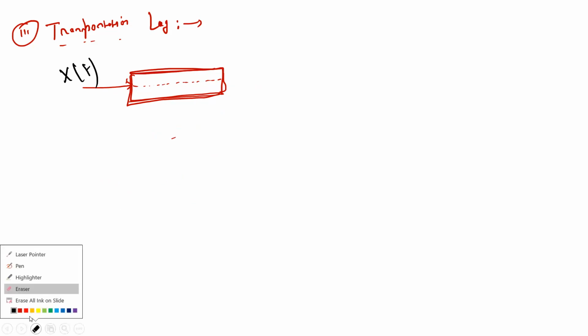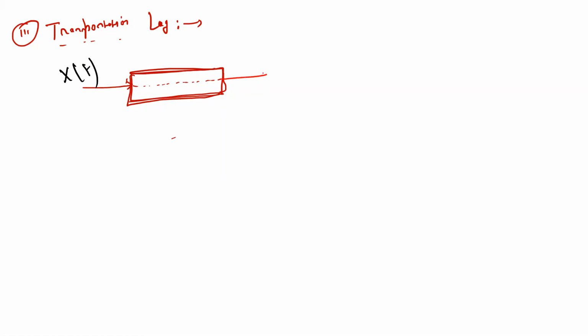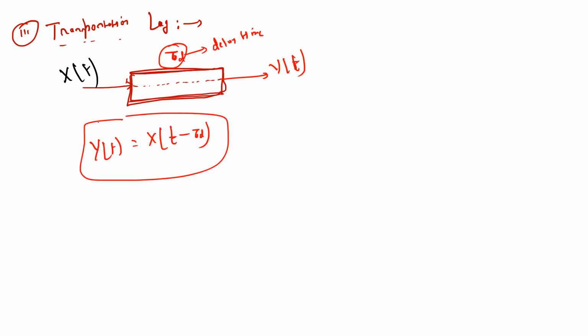What will the output be if it is a transportation lag? Your output will be delayed by a time tau d, and that is called the delay time. So your output y(t) is equal to x(t minus tau d), where tau d is called the time delay.